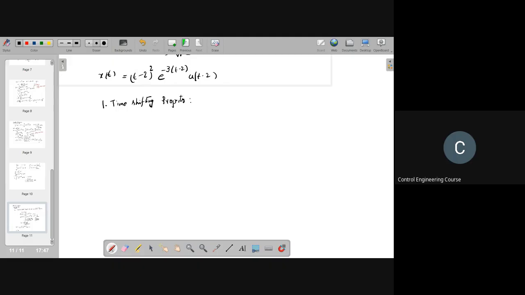Can anyone tell what the time shifting property is? Can you remember? Okay, I'm telling you the time shifting property of the Laplace transform: the Laplace transform of x of t minus t naught is, as you said, shifting in time is multiplied by a frequency exponential, e to the power of minus s t naught times X of s.